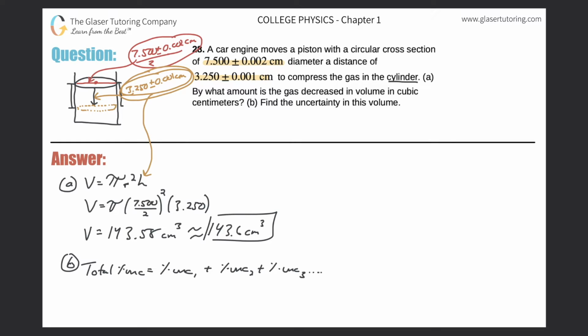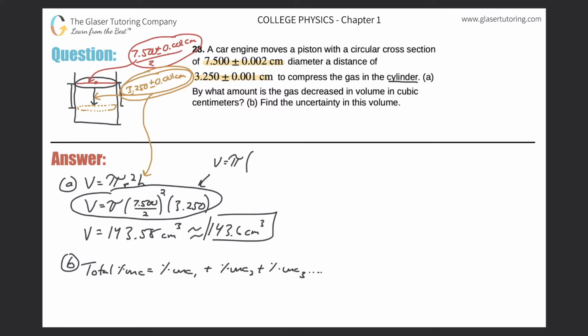Now, we used two values, but be careful, we really used the radius twice, right? What do I mean by that? So focus on this part here. Really, if we were to think about how we multiplied these numbers together, I can rewrite that equation to look like V is equal to pi multiplied by 7.5 over 2.